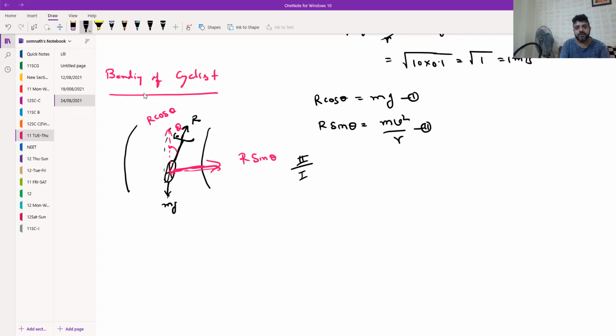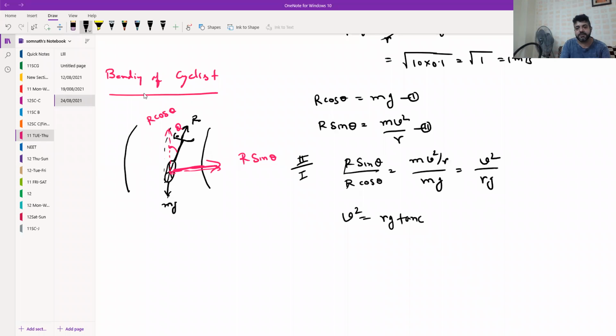Dividing 2 by 1, R sin theta by R cos theta equals mv square by r by mg, that is v square by rg. Here you have tan theta, so v square is rg tan theta. V equals root under rg tan theta.